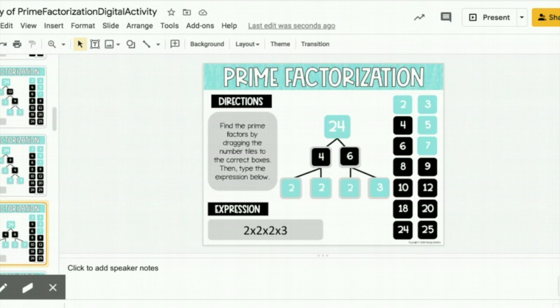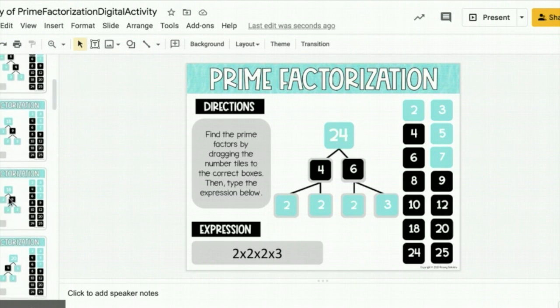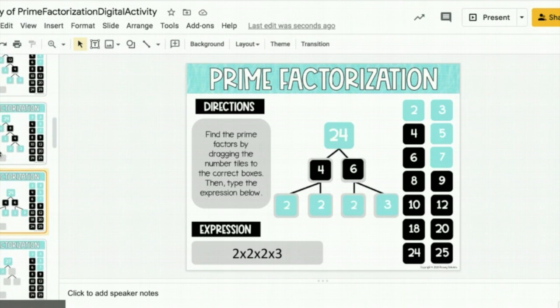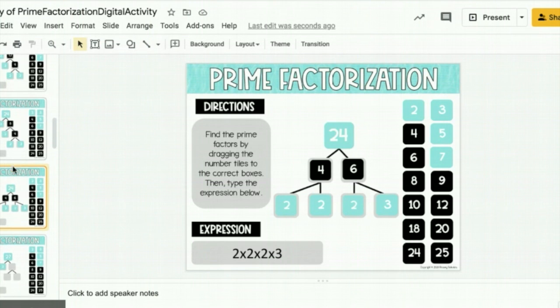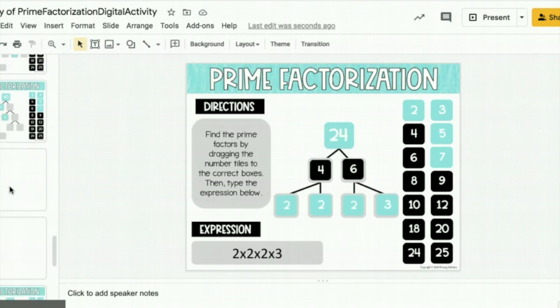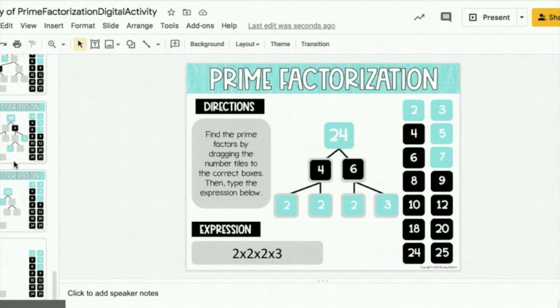So this is our assignment for today. We have done the first 1, 2, 3, 4, 5, 6, 7, 8 problems together. So make sure you fill in these problems as well. The remaining 16 are for you to do on your own, and they're all going to be filling in the prime factorization.